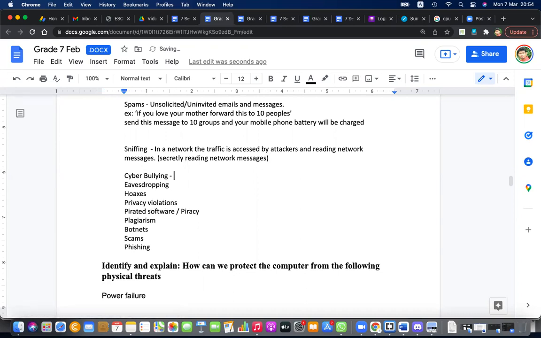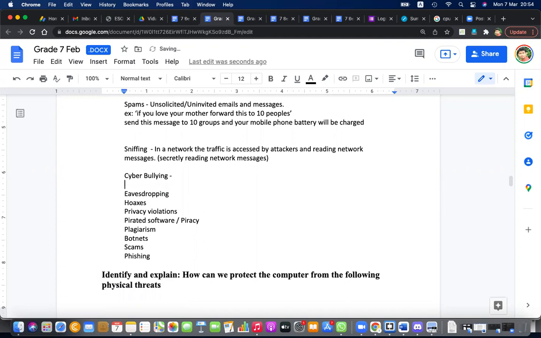Cyber bullying. Bullying is a kind of ignorance, neglect, hurting, a kind of hostile feeling. You feel upset. Bullying means harassment in Sinhala. Cyber bullying.